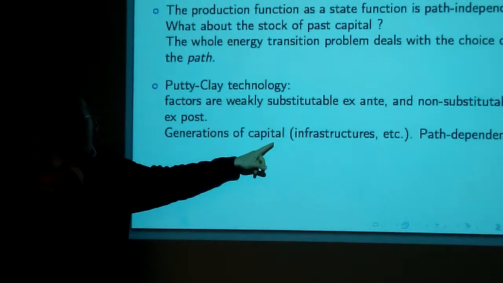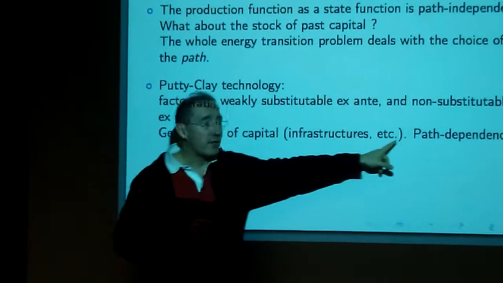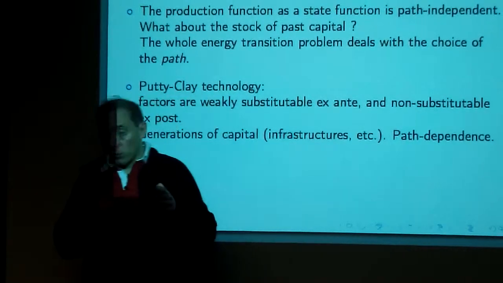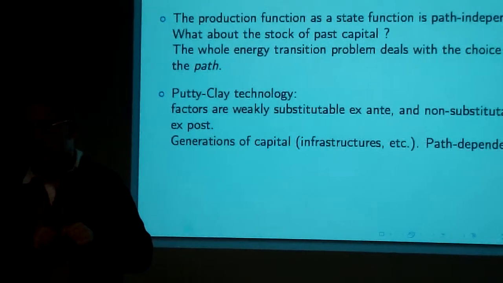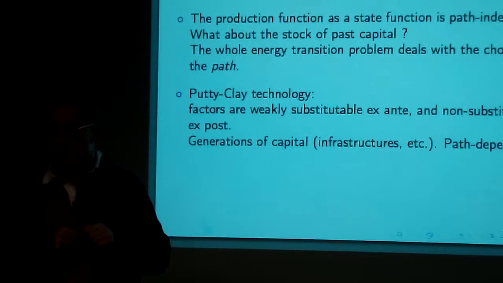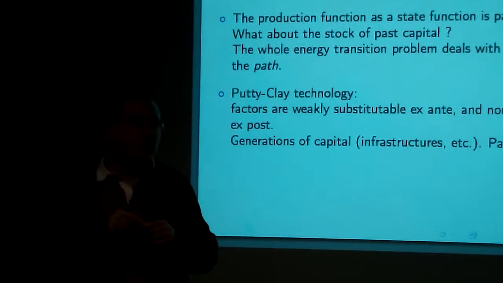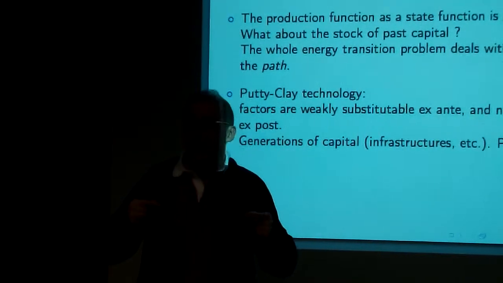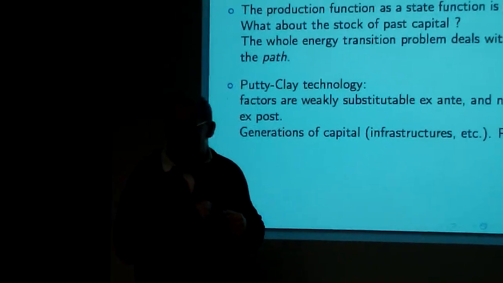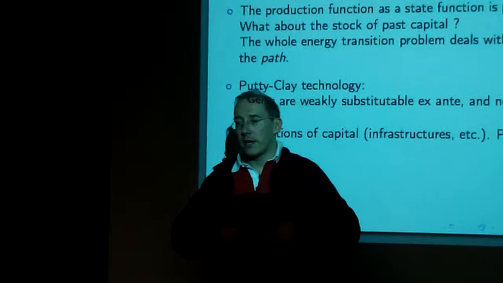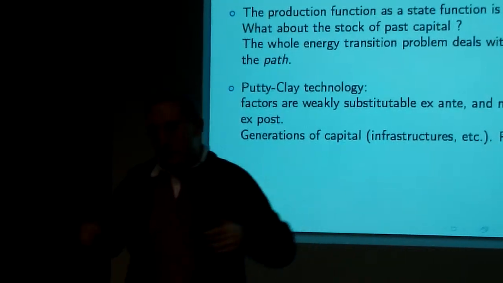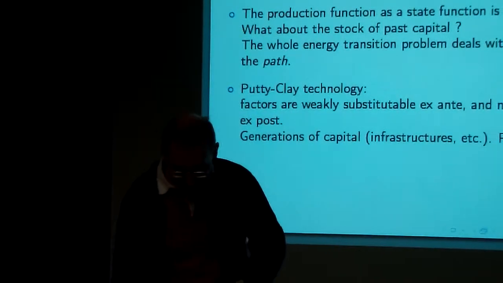You may have a path dependence of the model, saying the investment you did 10 years ago plays a role today. But then you don't have a state function anymore. Then it's not that easy. If you want to write it as a state function, you need to write as a parameter of the state function the whole path, as I said, okay? Then you are in an infinite dimensional space, etc.